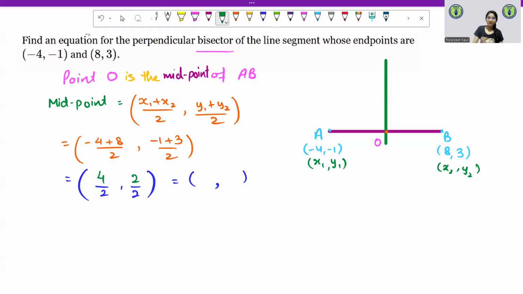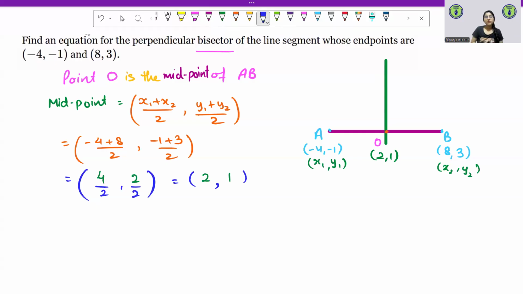What does that give us? I got 2 and 1. So this is 2 comma 1, the midpoint O.